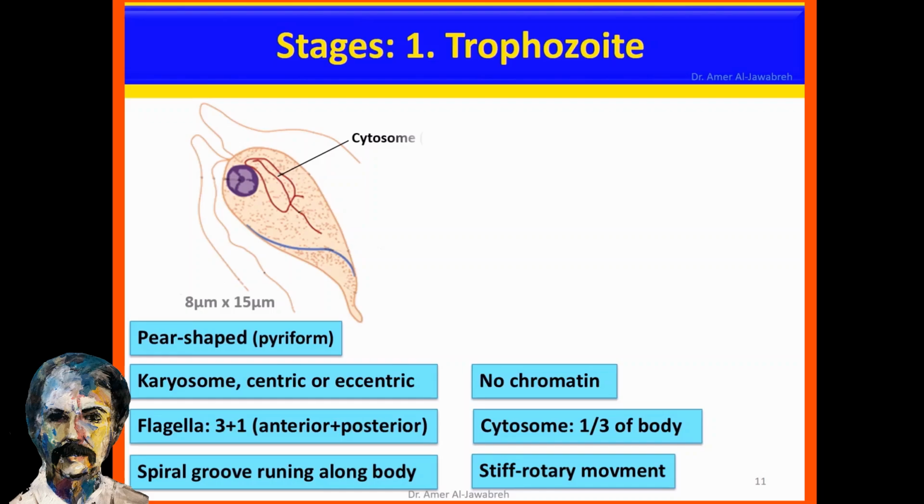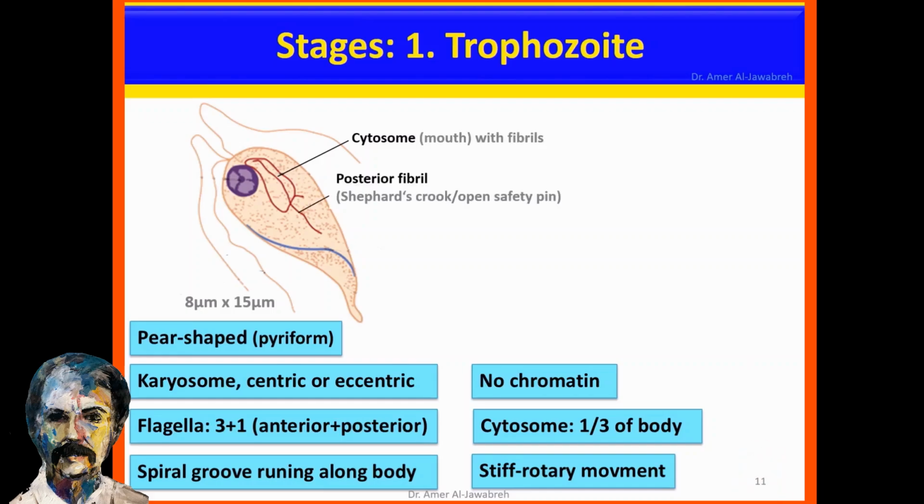Another diagnostic feature here is that we have a depression that runs along the body but in a spiral shape, which we call a spiral groove. It's a depression or a fissure, going along the body in a spiral way. And this helps in movement, plus, of course, the flagella.